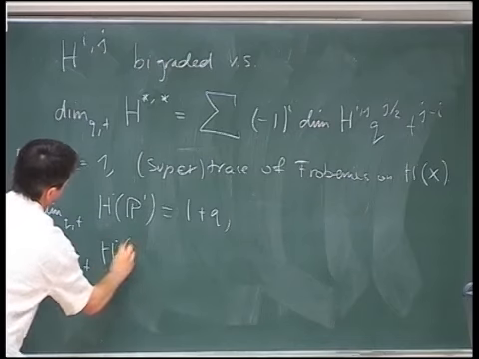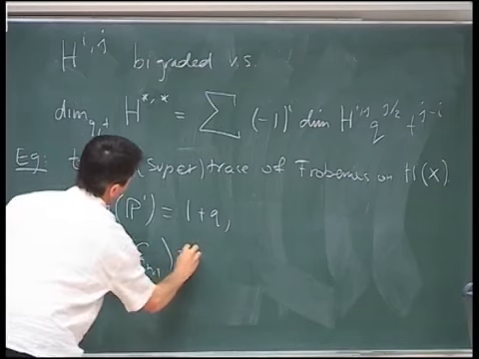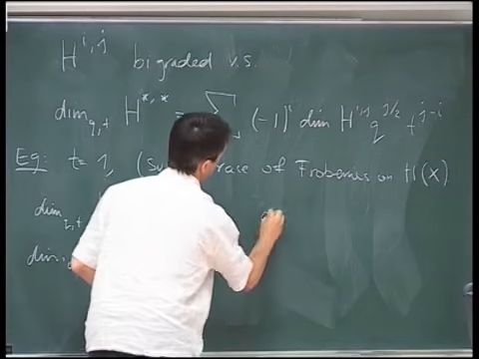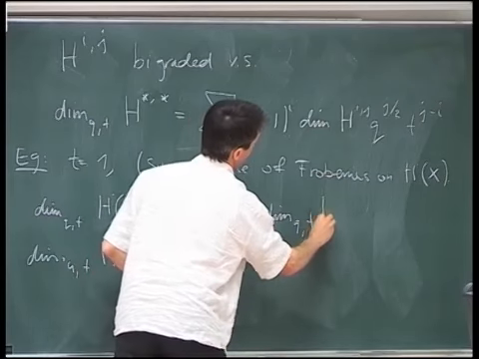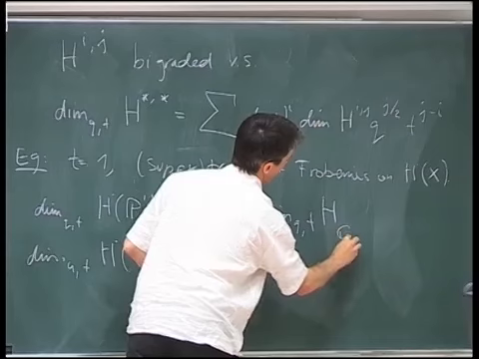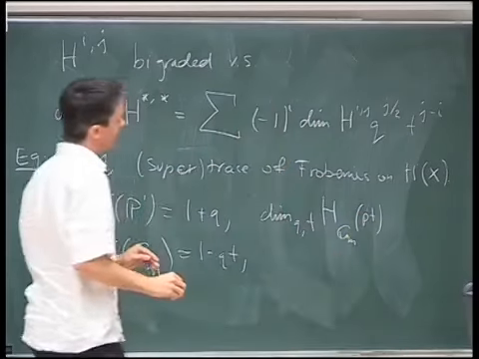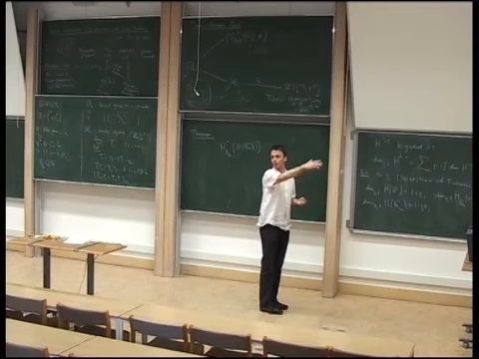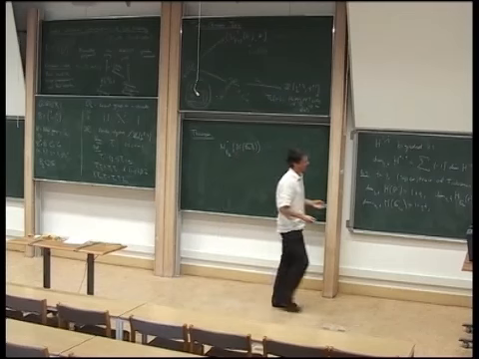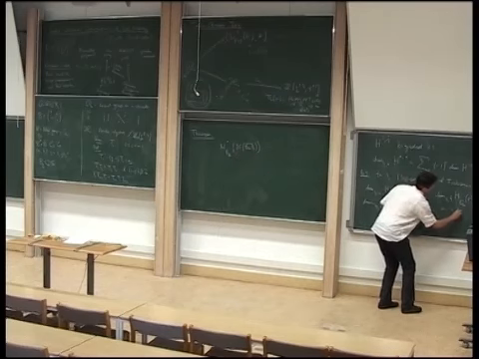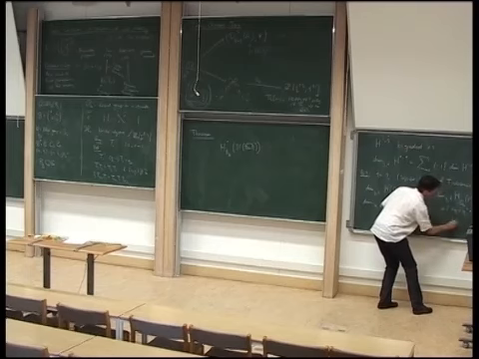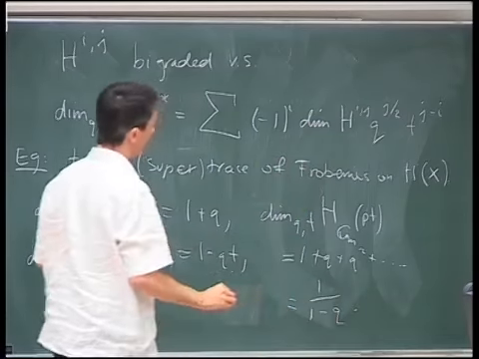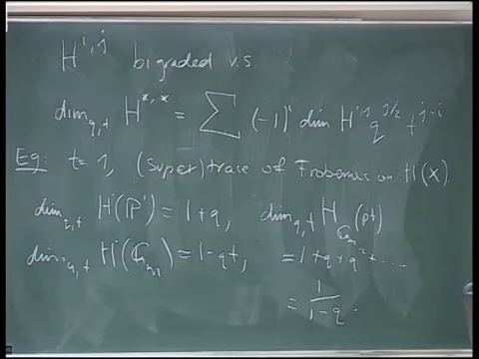Dim_{q,t} of the cohomology of a multiplicative group is 1 minus qt. Dim_{q,t} of the Gm-equivariant cohomology of a point. So remember before I said that the C-star equivariant cohomology of a point was the cohomology of infinite projective space. And here you see this is 1 plus q squared plus etc., which is 1 over 1 minus q. So we'll see these factors coming up later on.